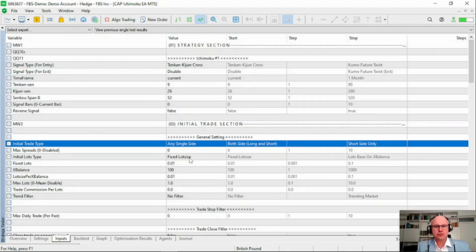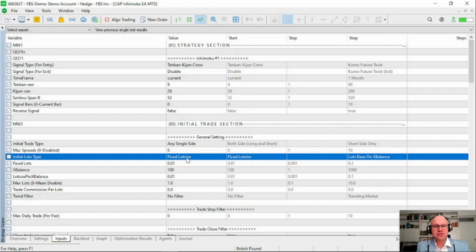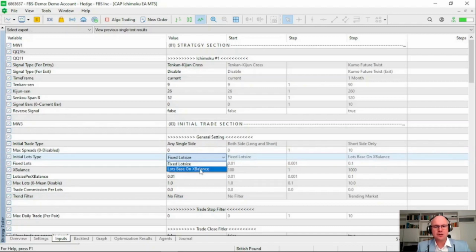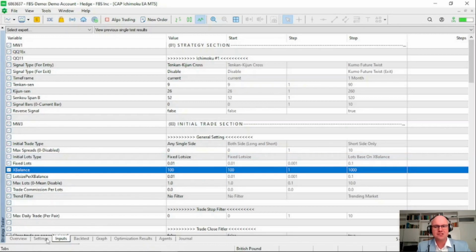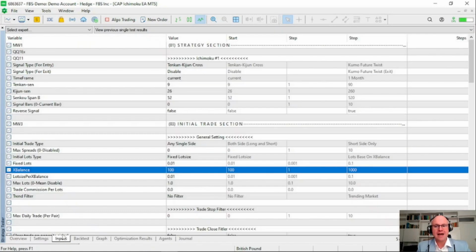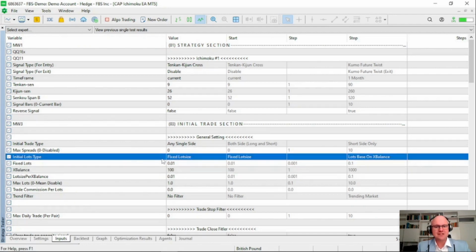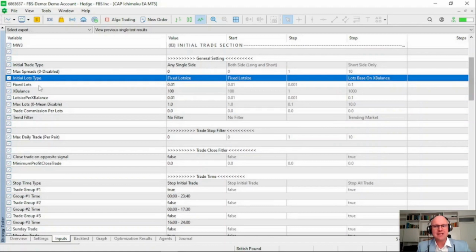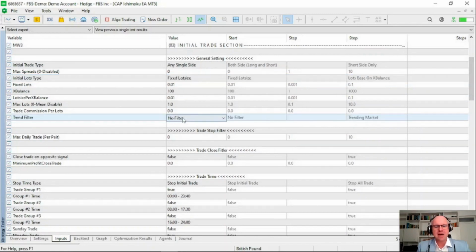Next, we have our initial trade selection. Under this, I am going to use a fixed lot. However, you can use lots based on balance. On default, it is set to 100 times lot balance, meaning it will start at a 0.10 lot. So I do recommend increasing your X time balance.